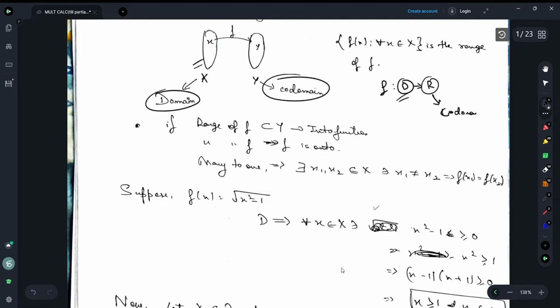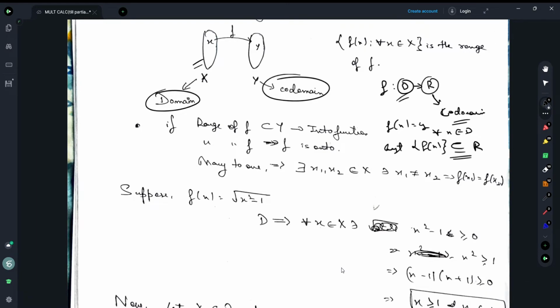R is the set of those elements which are the images of the elements of D. It is not mandatory for all elements in R to be images of elements in D. We have f(x) equals y for all x belonging to D, but the set of f(x), that is the set of all the images of the elements of D, is contained in R. It might be equal to R, but it is not mandatory.